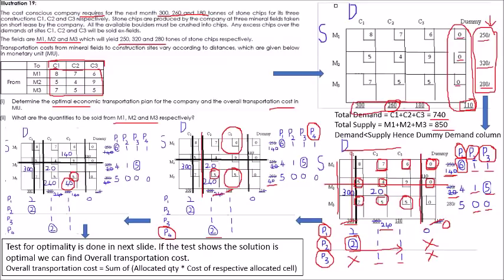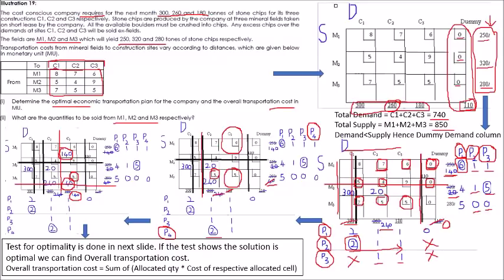I have allocated 40 here, which means the 40 supply is exhausted. Since the 40 supply is exhausted, I am going to cancel off this row, and I have 140 as my remaining demand here, and 140 supply pending, and that 140 can be allocated here. This is the only available cell, so I am going to allocate this, and this column is also exhausted.